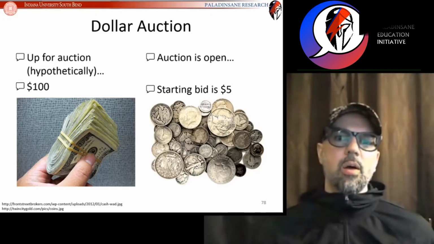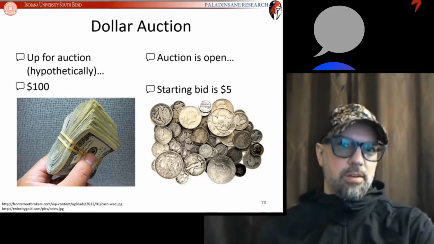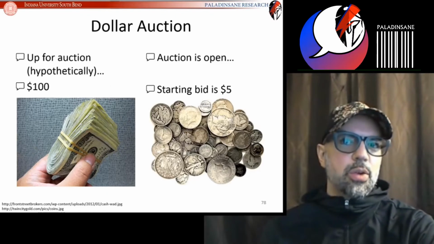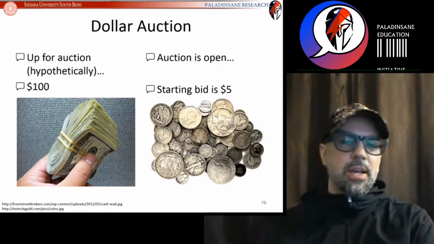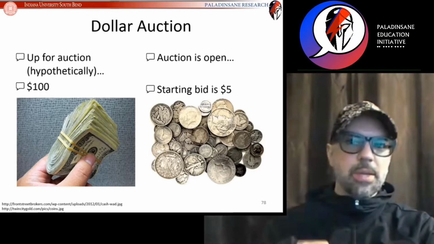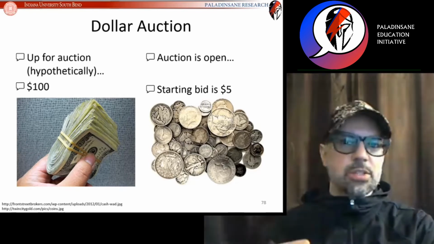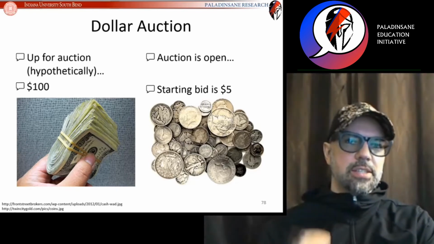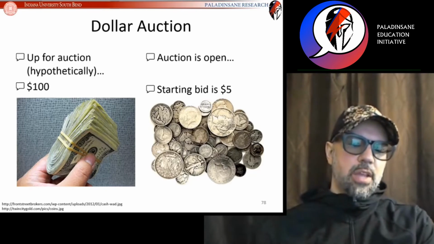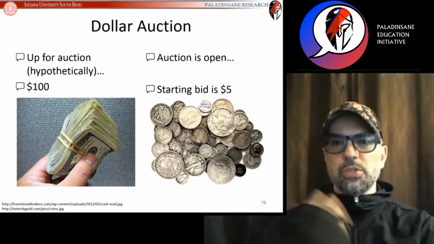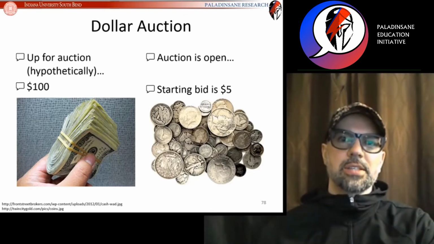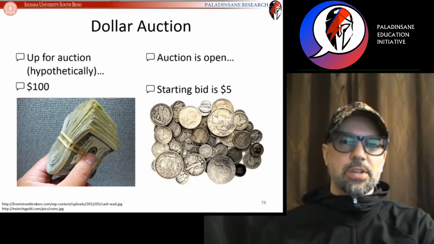Number one, what would you get involved in this auction? In the real world, if this came up and it was legitimate, there was no catch, nothing whatsoever, would you get involved in this auction? Would you start bidding on this $100?